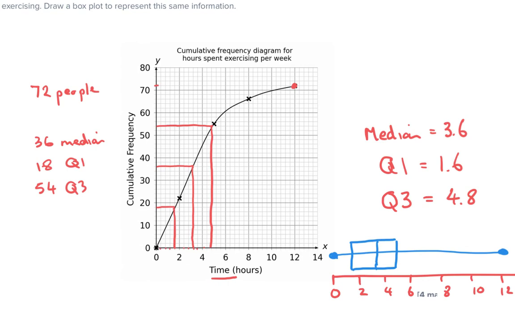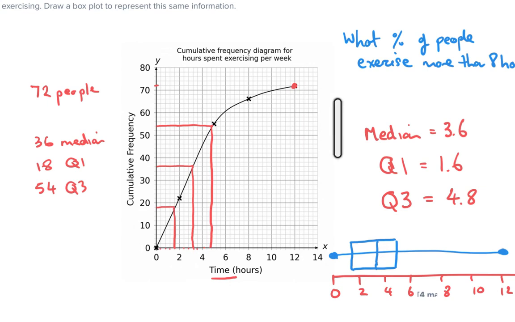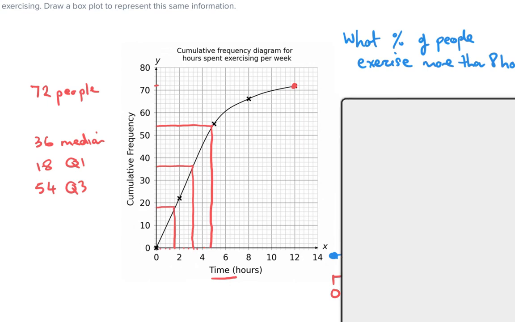Now, one of the questions might be, what percentage of people exercise more than 8 hours? So this is the next level of question. So let's just do a little whiteboard here.